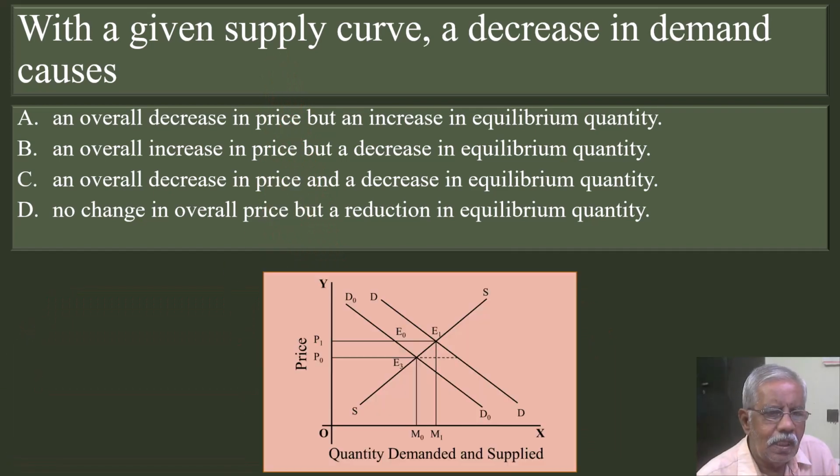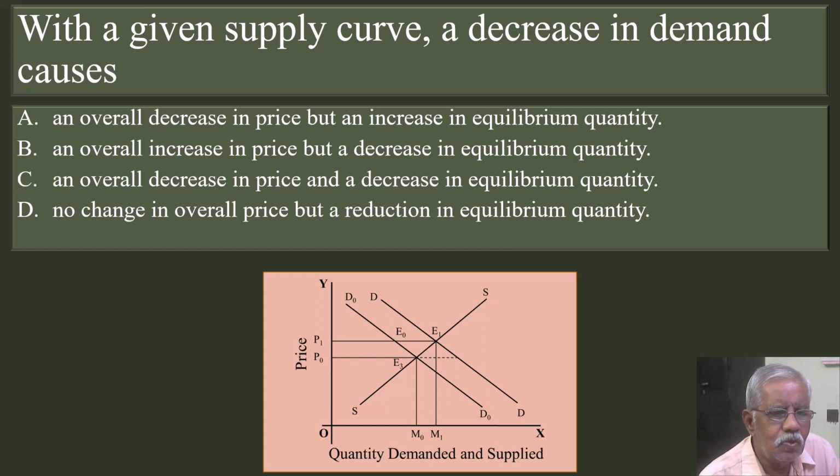In this graph, the original demand curve D and original supply curve S cut each other at E1. Initial equilibrium price is P1 and initial equilibrium quantity is M1. The demand curve shifts to left. Demand decreases.